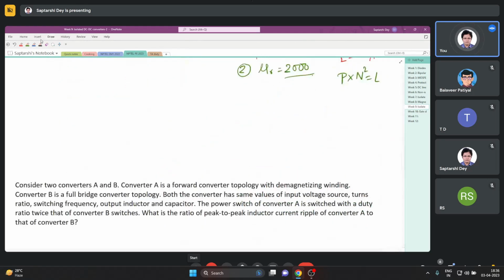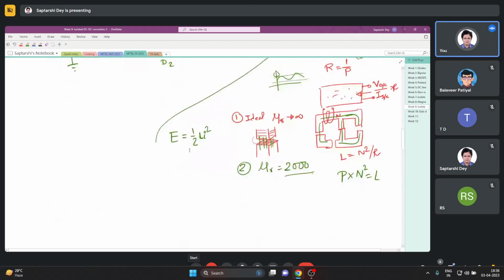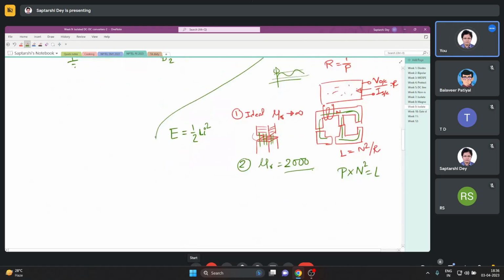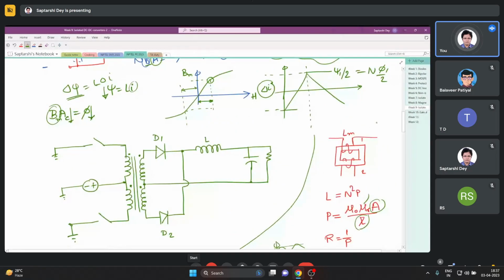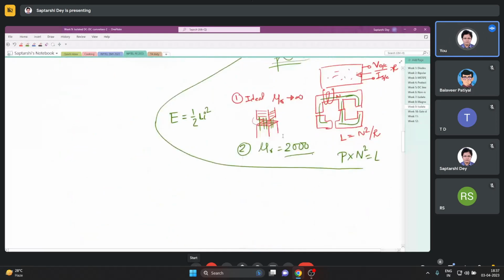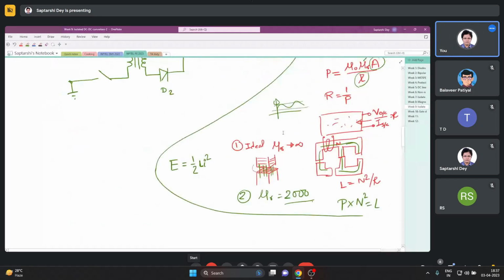Okay, we will try to answer that question from the magnetics point of view. Because there are four windings here, at least two primaries, where to draw the magnetizing winding might be confusing. So let us look at it from the magnetics point of view.